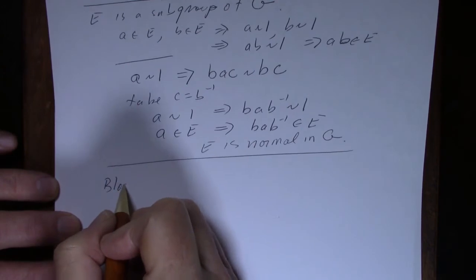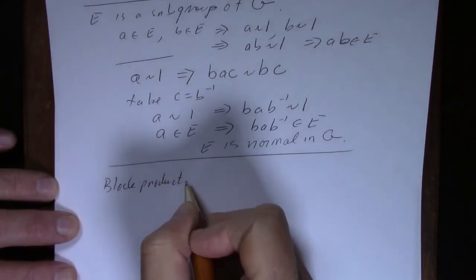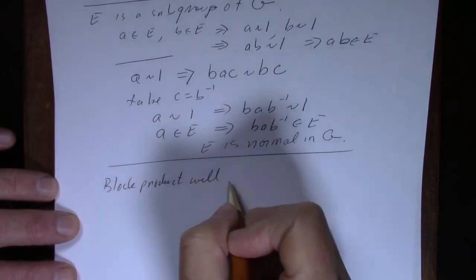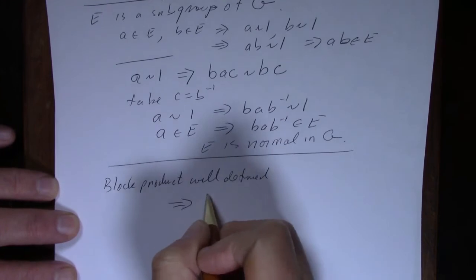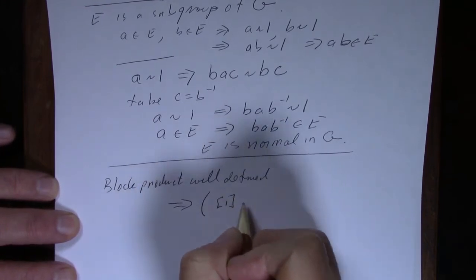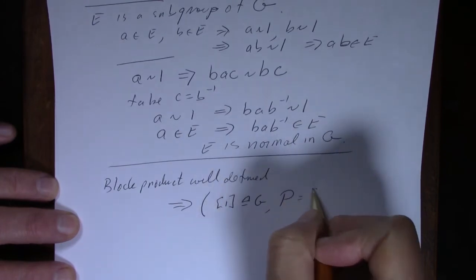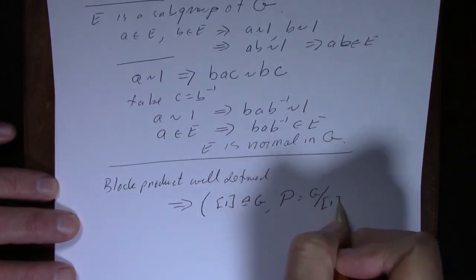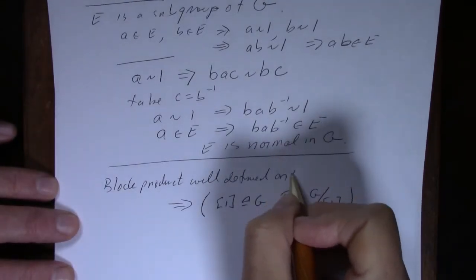Block product well defined implies two things: that the special block is a normal subgroup of G, and that P is actually the set of cosets. This is well defined on P.